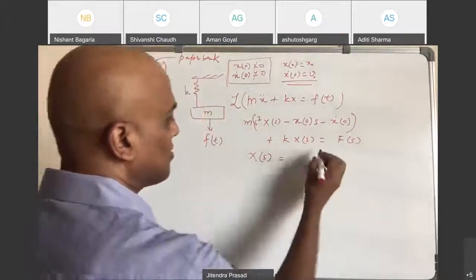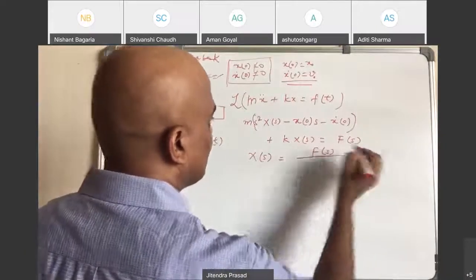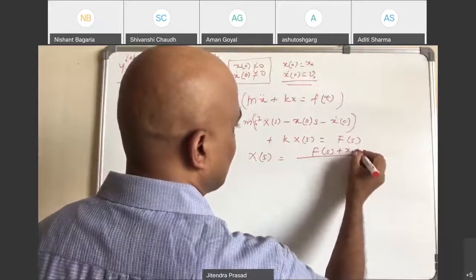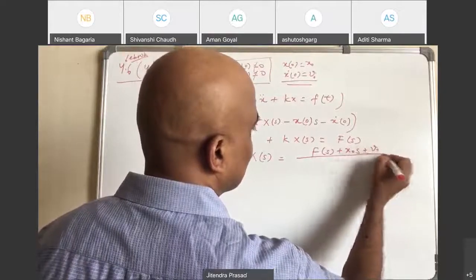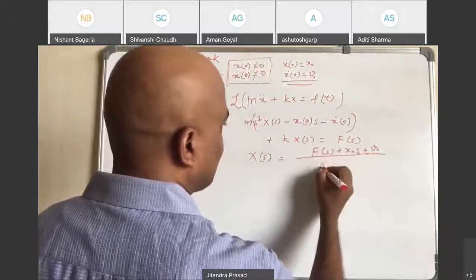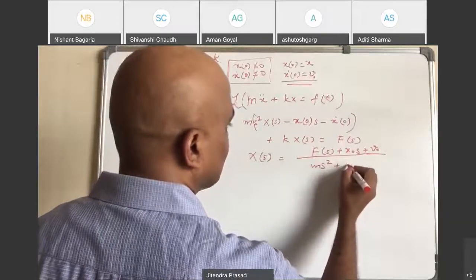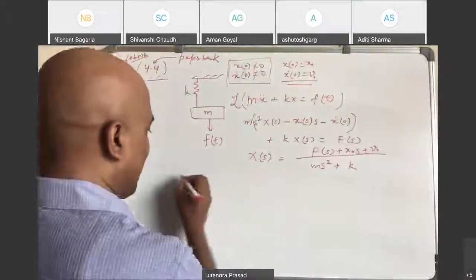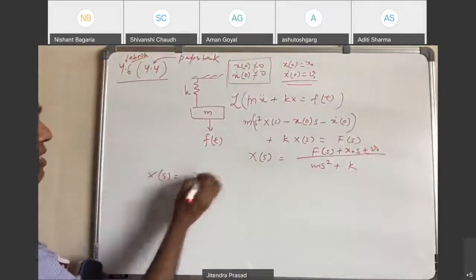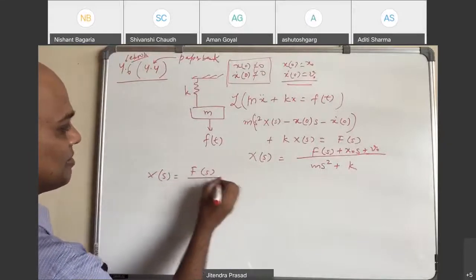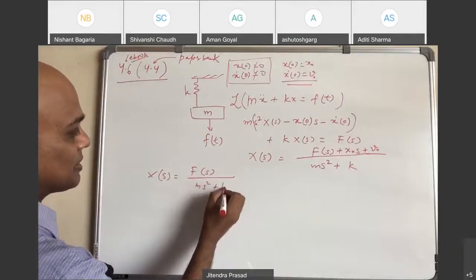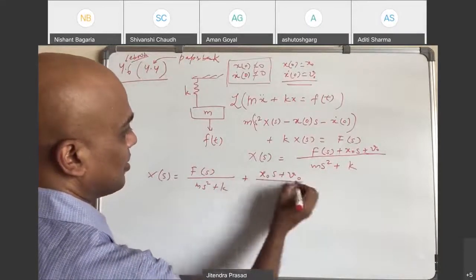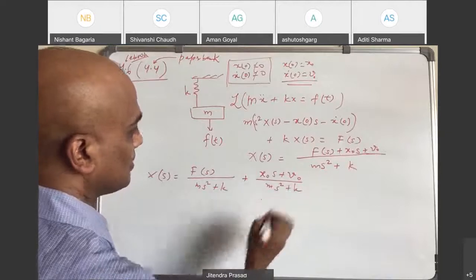So X(s) becomes F(s) plus x naught s plus v naught, divided by m s squared plus k. The final form is X(s) equals F(s) over m s squared plus k, plus x naught s plus v naught over m s squared plus k.